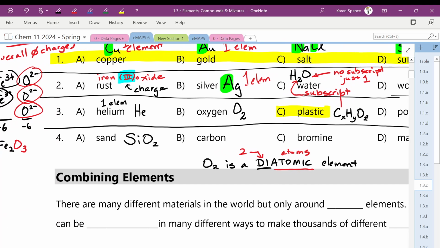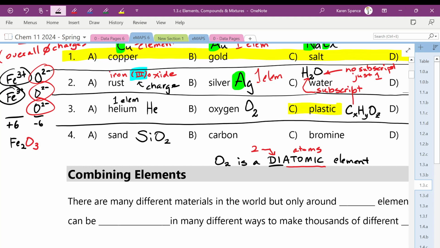And because it is made of a metalloid plus a nonmetal. Ooh, what's a metalloid and what's a nonmetal? Tell your partner what you can remember about those. What's a metalloid and what's a nonmetal?